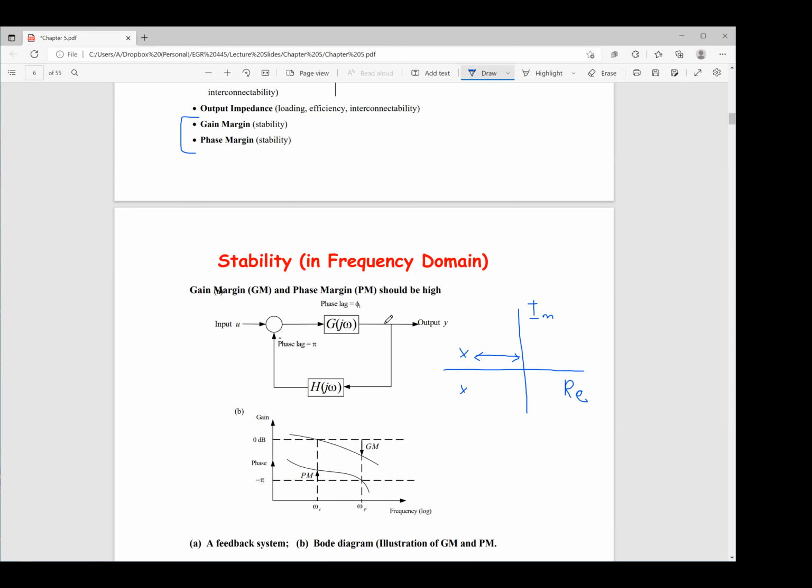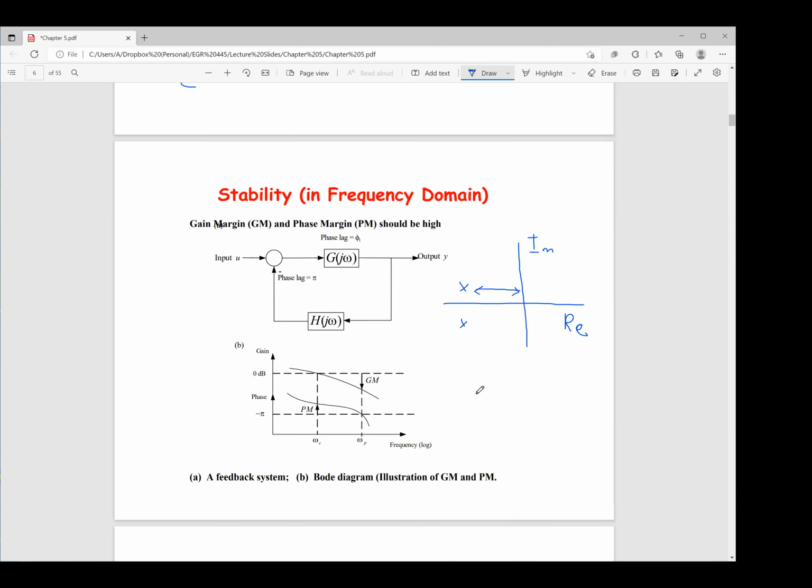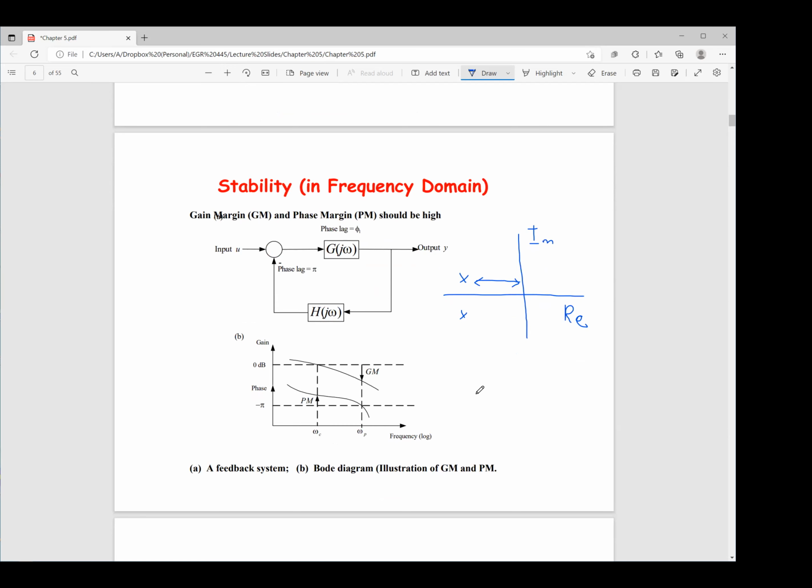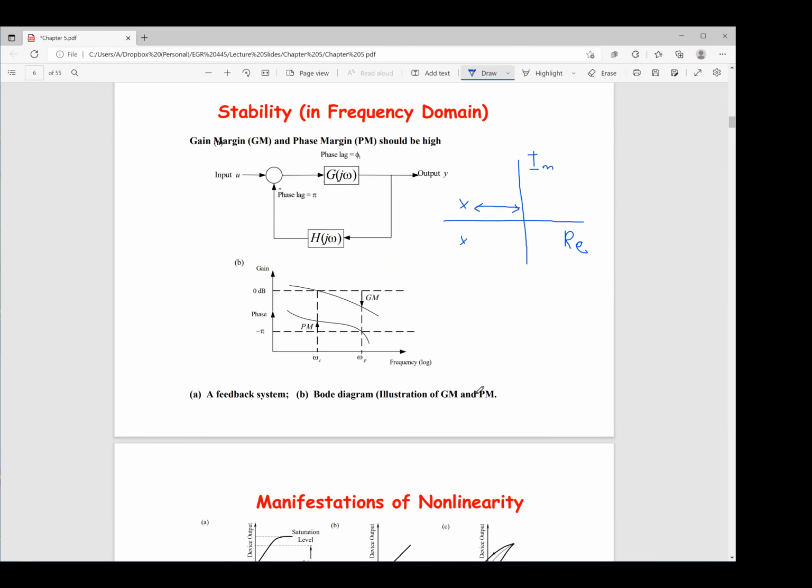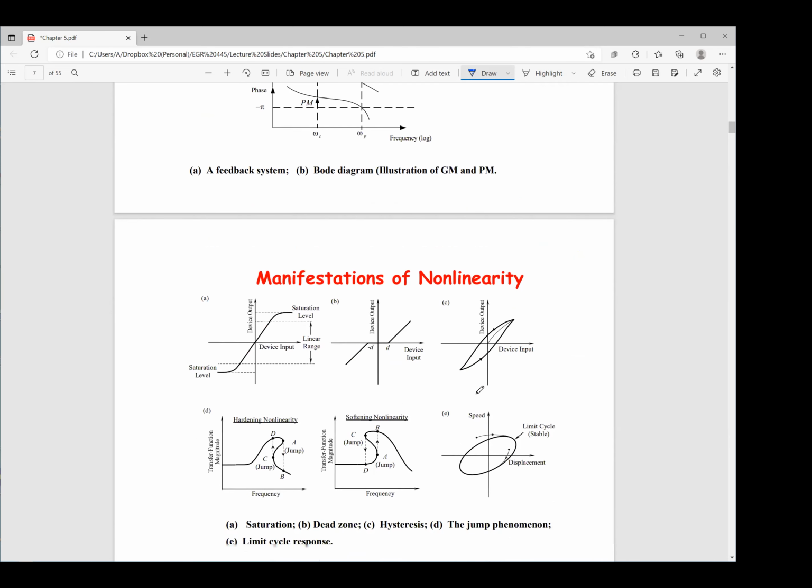Now, the gain margin and phase margin is the margin or the amount of play that the engineers have to increase the gain or to change the phase till the system becomes unstable. So that is nothing but the amount of wiggle room that we have before the system becomes unstable.